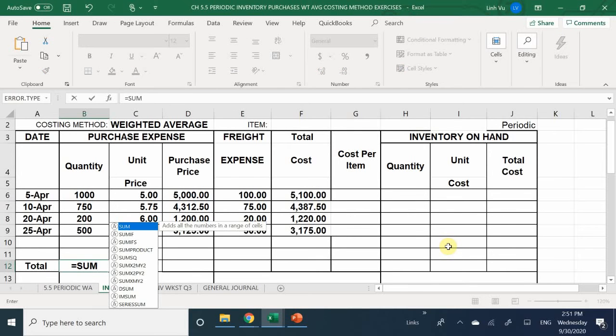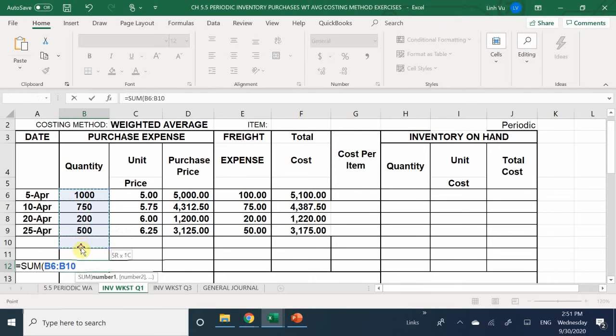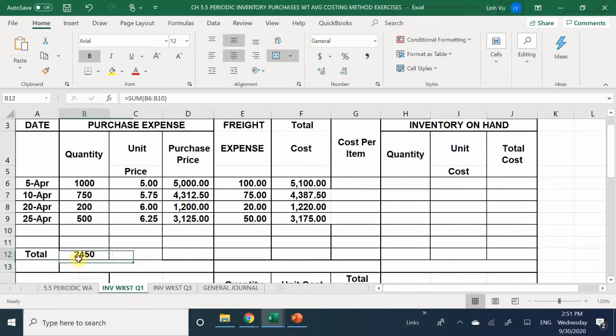The quantity is 2,450, and the purchase price is $13,700. My total freight here is going to be $245. And then lastly, what is my total cost?